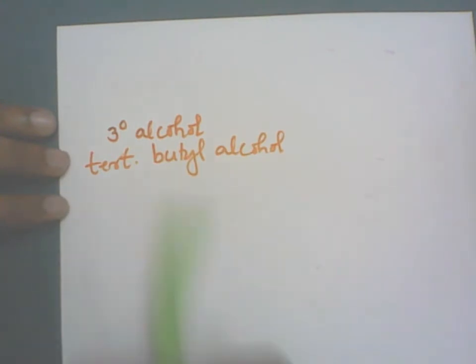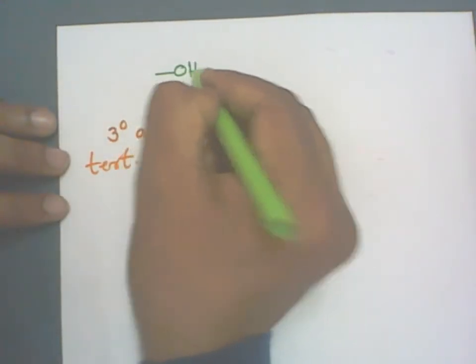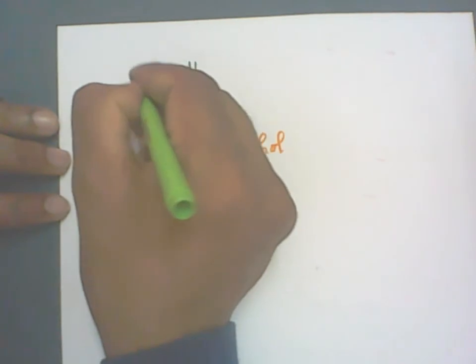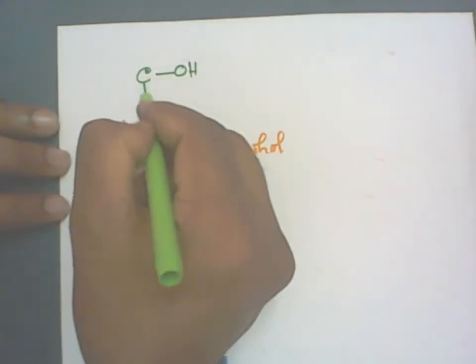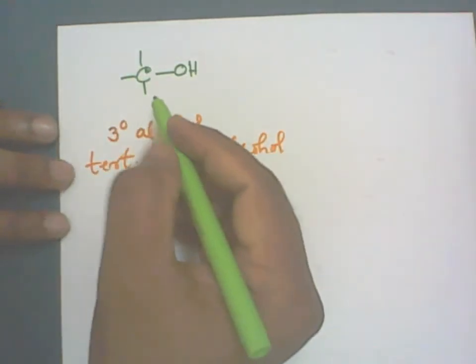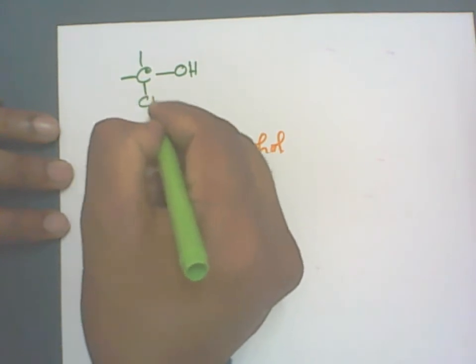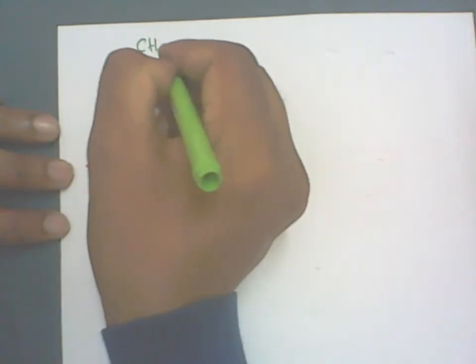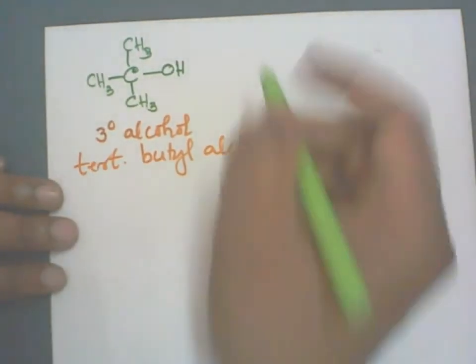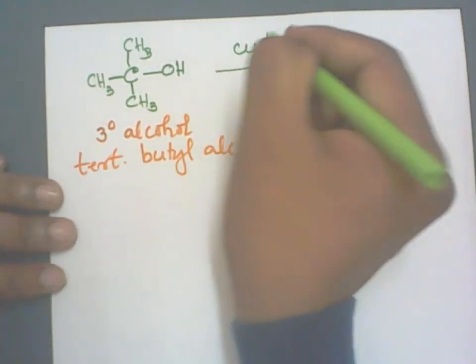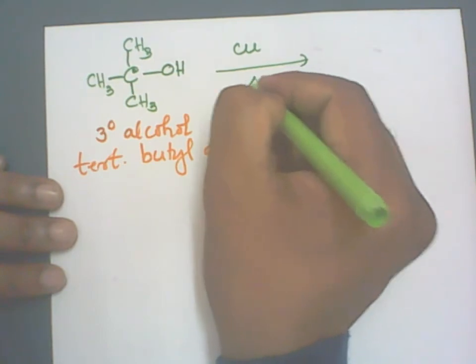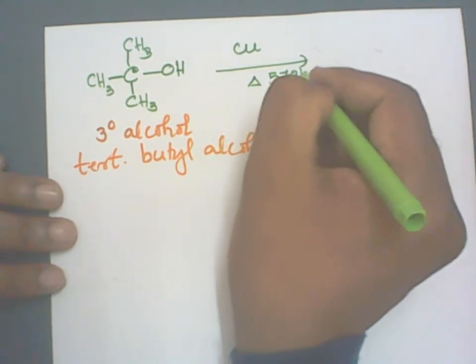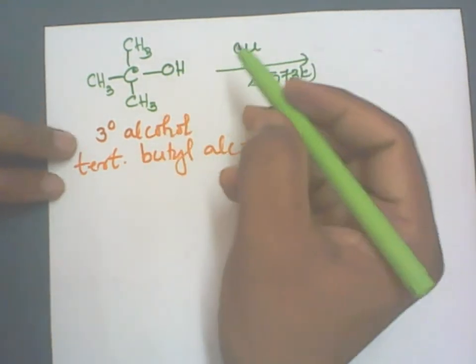Tertiary butyl alcohol is the one where OH is attached to a tertiary carbon atom. A tertiary carbon atom is one which is attached to 3 more carbons directly. And let me write it down in terms of CH3. Okay. The valency of carbon is 4. Now, when you heat this with copper at 573 Kelvin, what will happen? They cannot undergo oxidation.